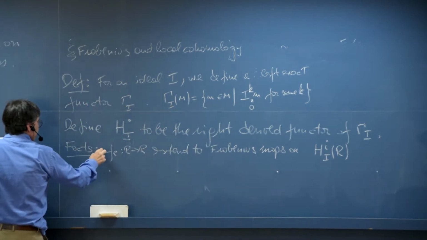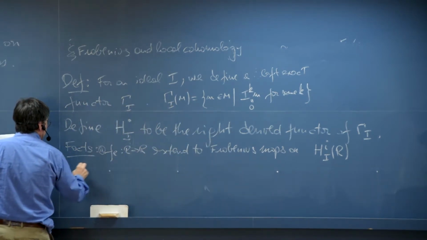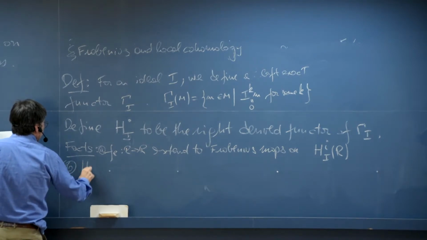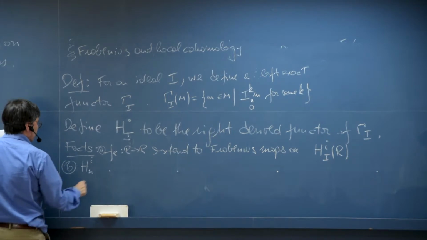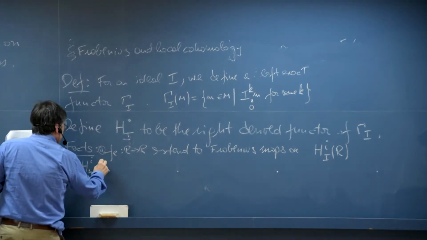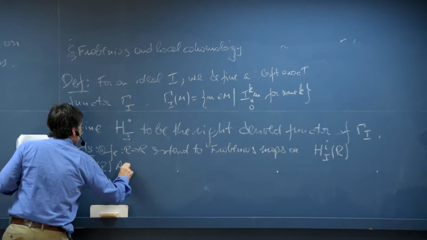The second interesting fact that we're going to use, so that's fact number A, here's fact number B. If you look at the local cohomology with support in the maximal ideal, oh dear, these are Artinian.